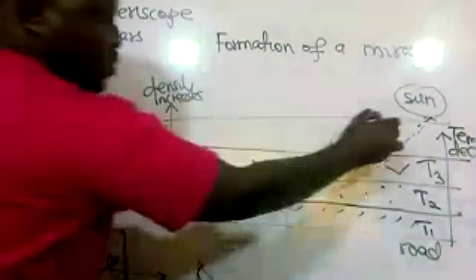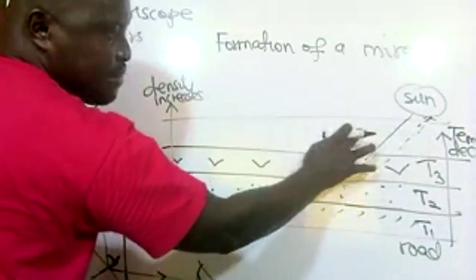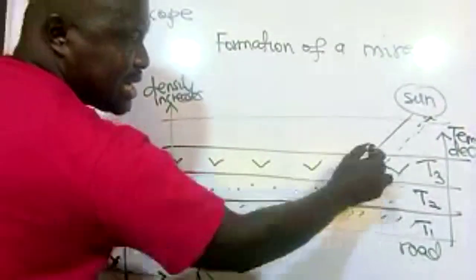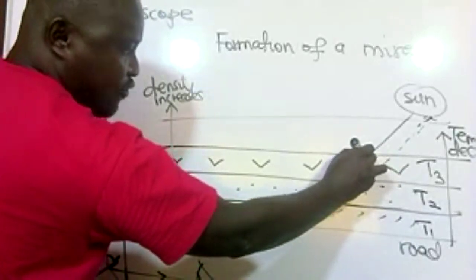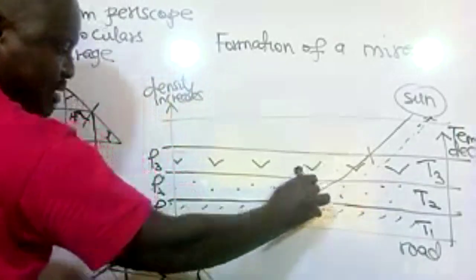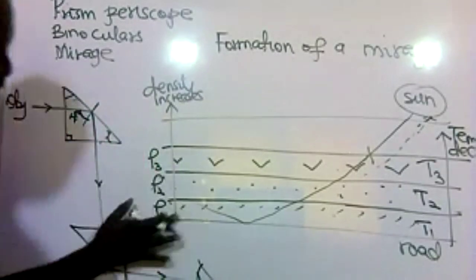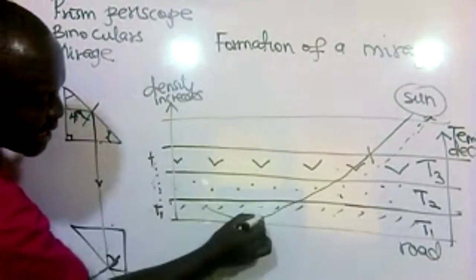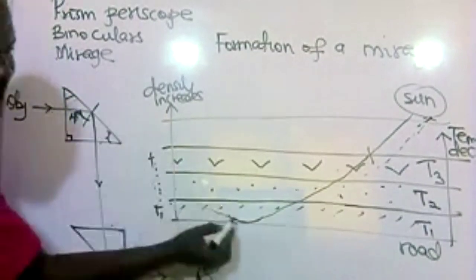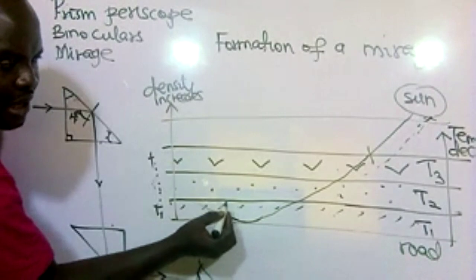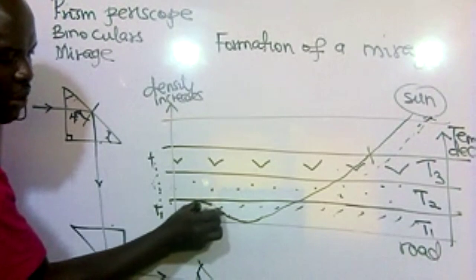Because it is moving from a denser medium to a less dense medium, it is refracted away from the normal. So it will bend and hit the road surface. When the ray hits the road surface and reflects, it is now moving from a less dense medium to a denser medium, so it will deviate towards the normal.